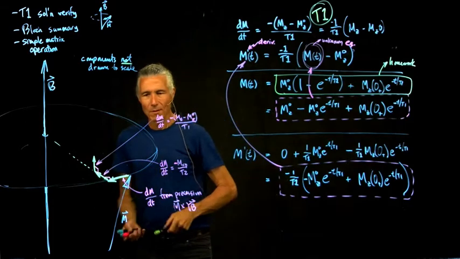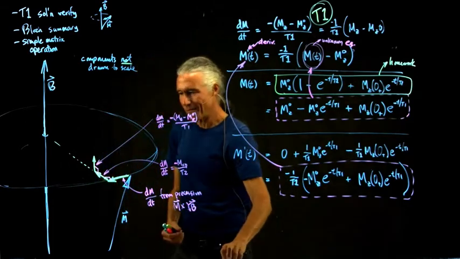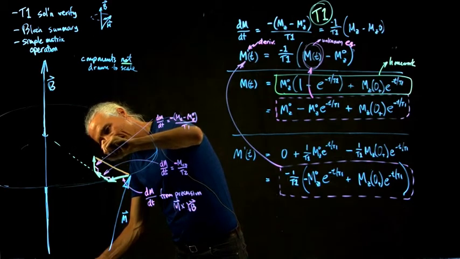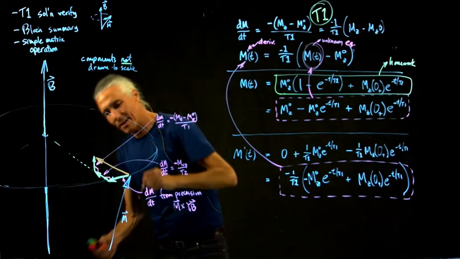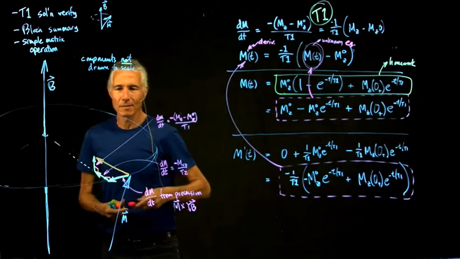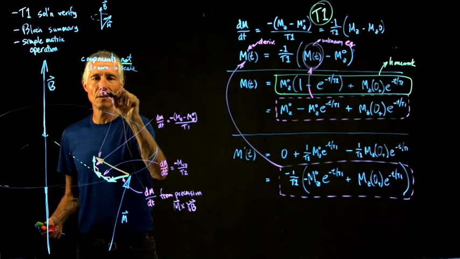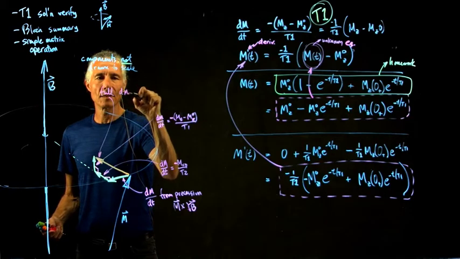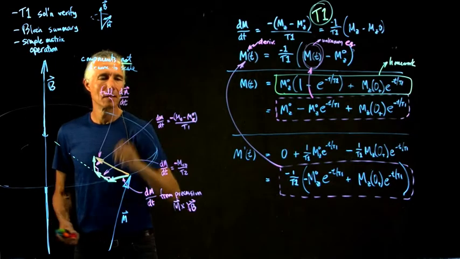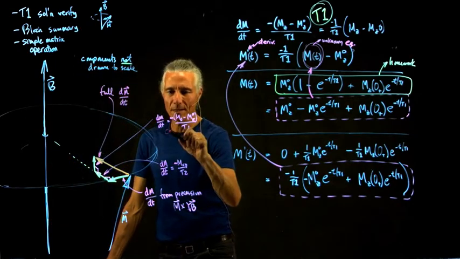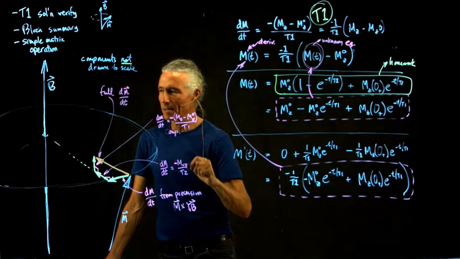So what does that finally give us? That finally gives us the full dM/dt. So this one, not drawn to scale, is the full dM/dt. This was the dM/dt component in the regrowth direction.